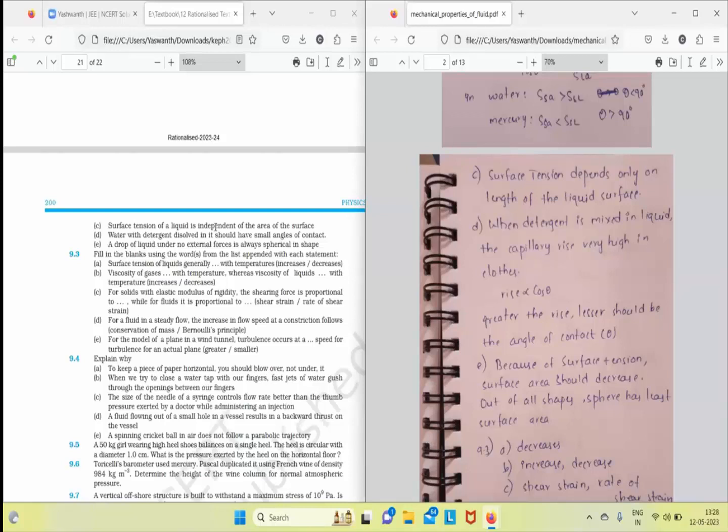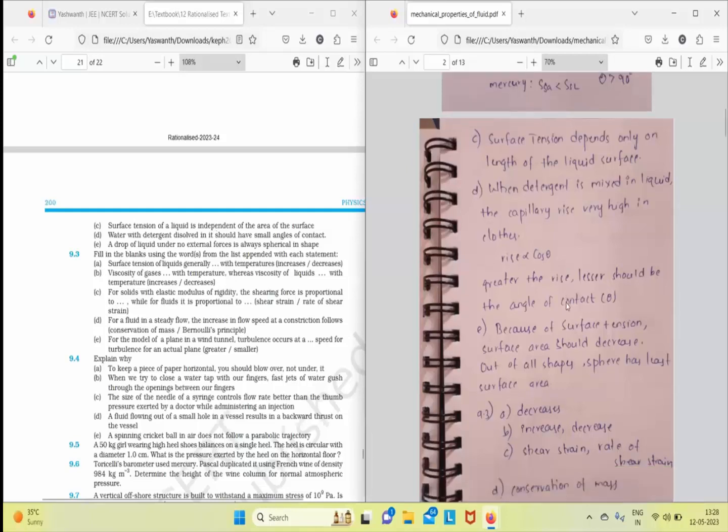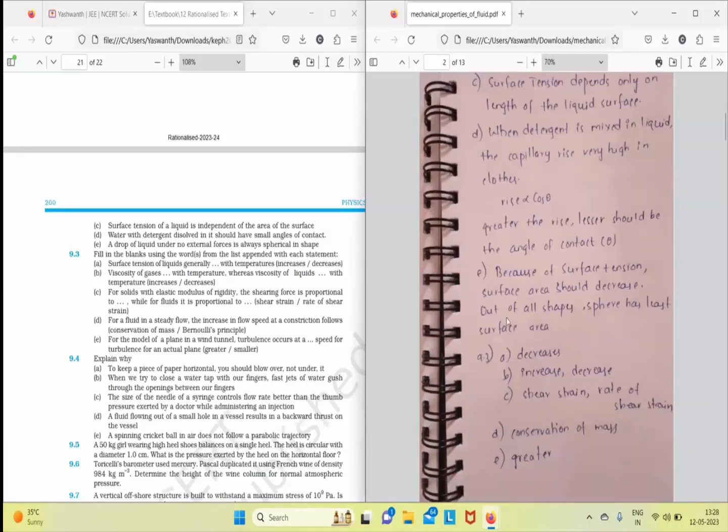The next thing is water with detergent dissolved in it should have small angles of contact. So detergent means Surf Excel or Rin, something which we generally use to wash clothes, right? Whenever we mix detergent into water, the threads in our clothes act like a capillary. Capillary means it's a small tube.